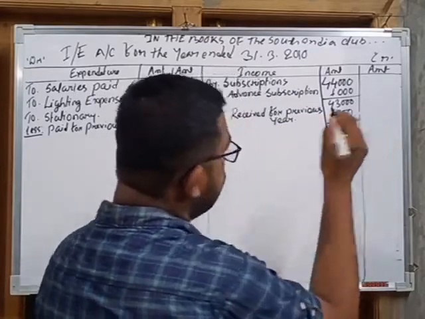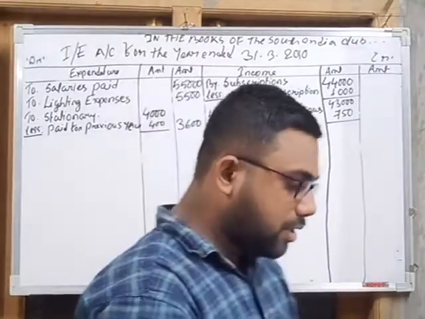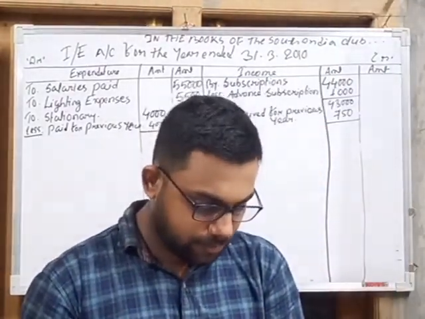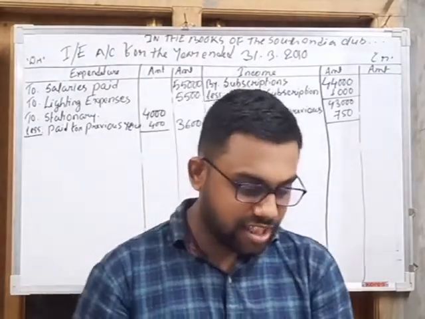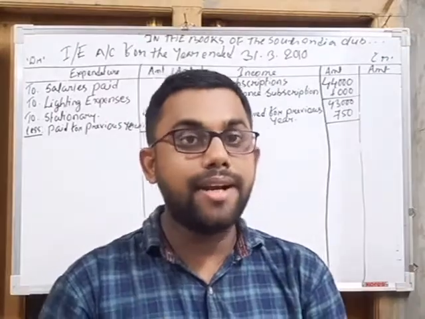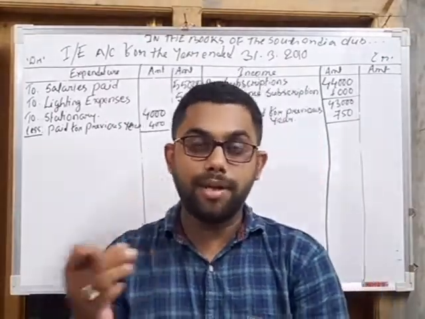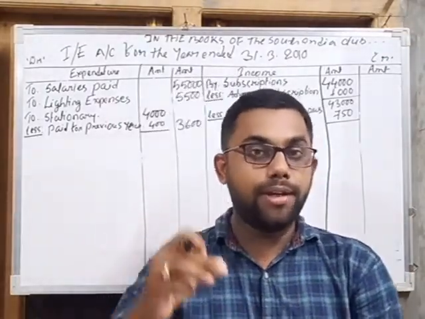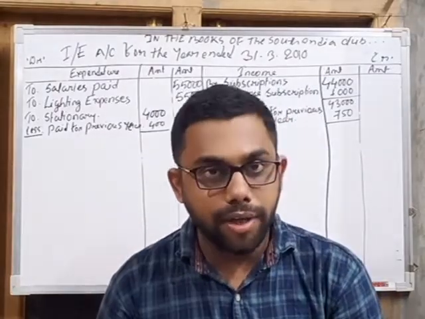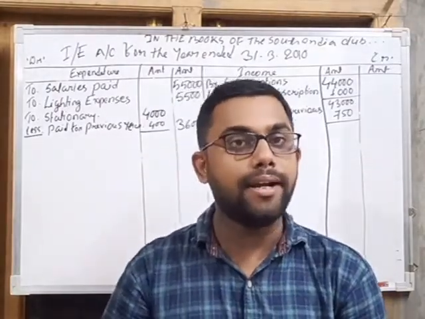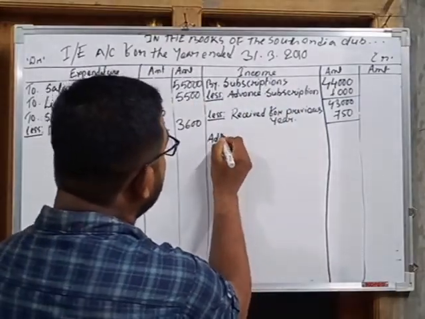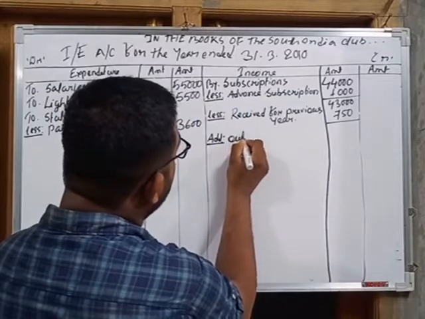Okay, so now check, is there any information regarding subscription? In additional information, we find subscription in arrears for 31st March 2010. That means current year's outstanding. So whenever this outstanding amount will be paid, it will not be the income for the next financial year. It is the income for the current accounting year. So we have to record it in the current accounting year. So we have to add that item. Add outstanding.